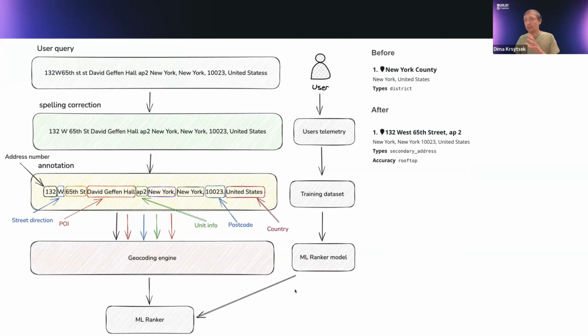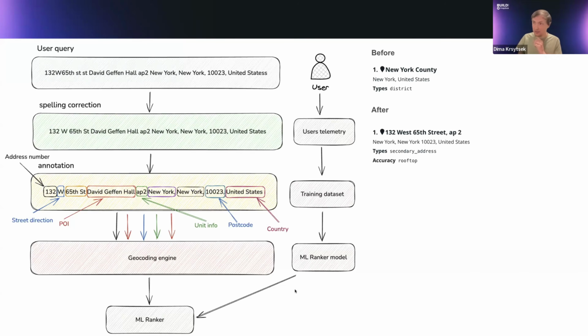Now let's talk about the solution. There are a few solutions that we use to be more accurate in solving these types of problems. First, of course, is spell correction.